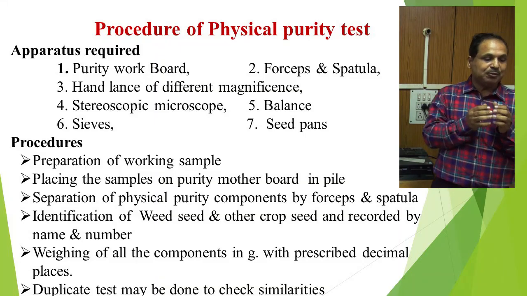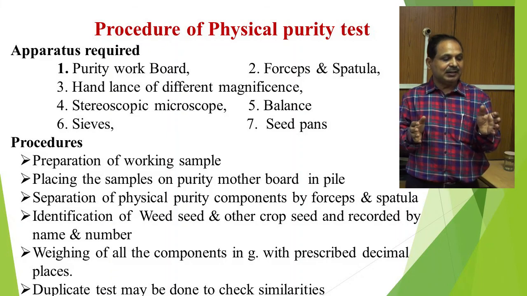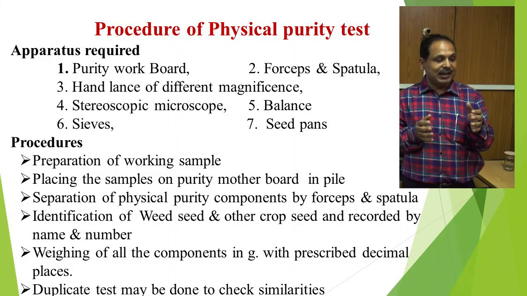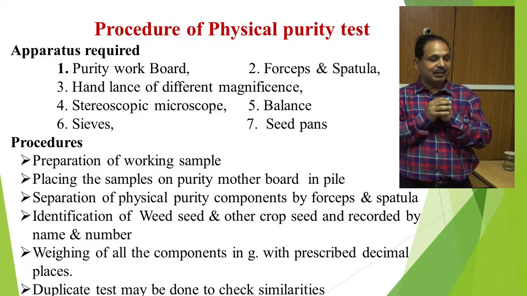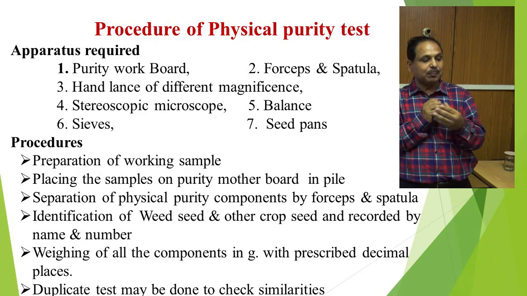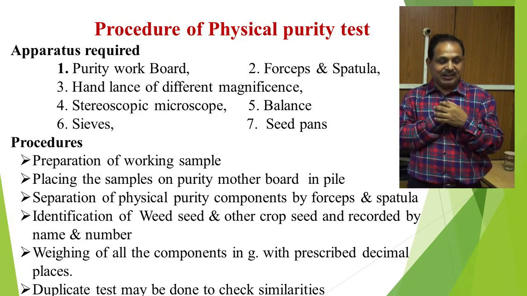The different physical purity components are separated and then weighed, and a duplicate test may be done to check the similarities. Weighing of all the components in grams with prescribed decimal places is done.